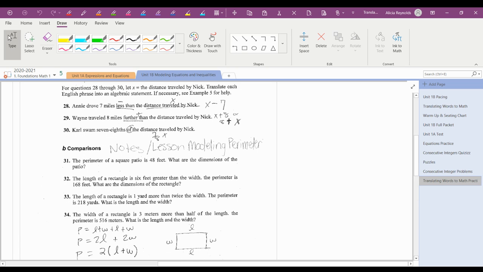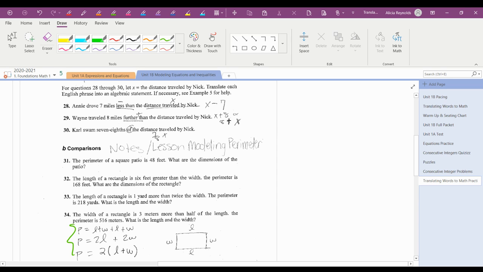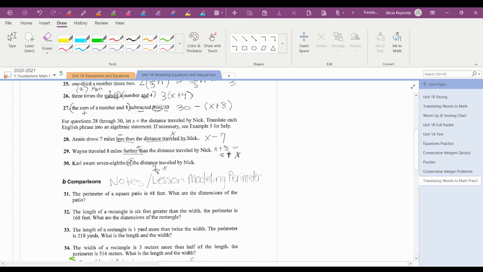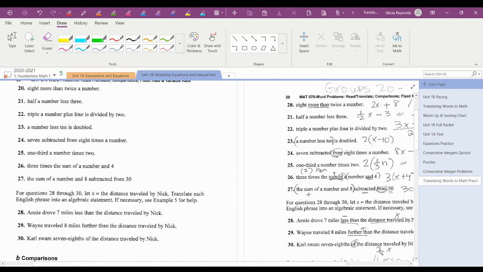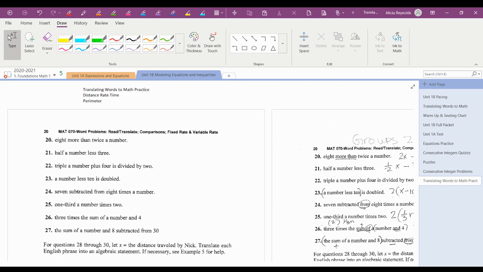And here we have 28 through 34. We see I just have the perimeter examples written down, so make sure we get these notes written in to understand the different ways we can write a perimeter equation. So our next video will be covering page 3, translating words to math practice.